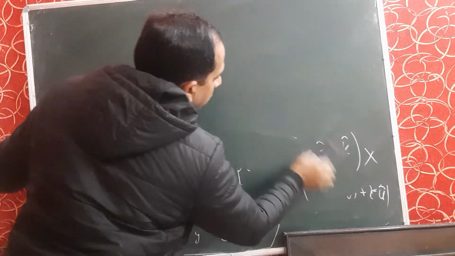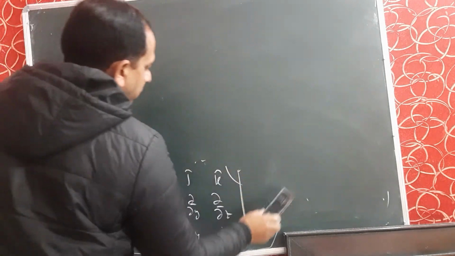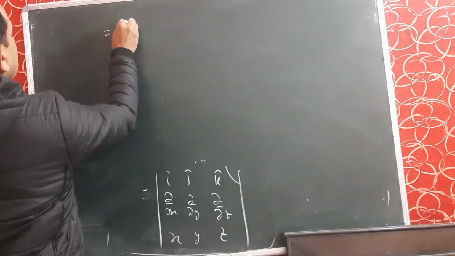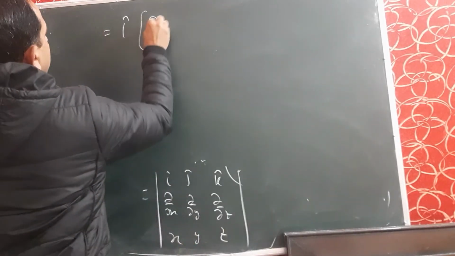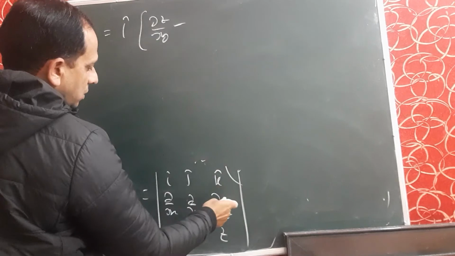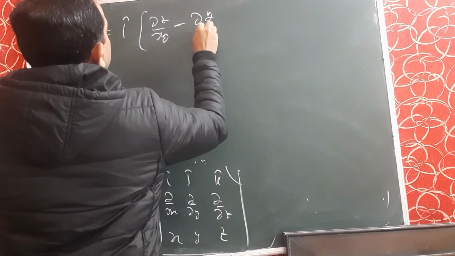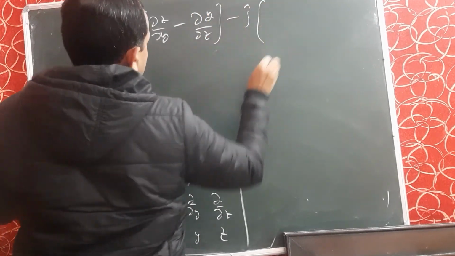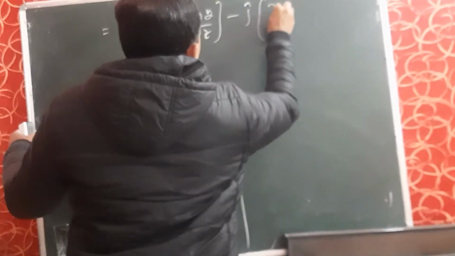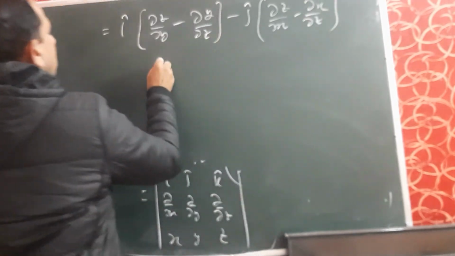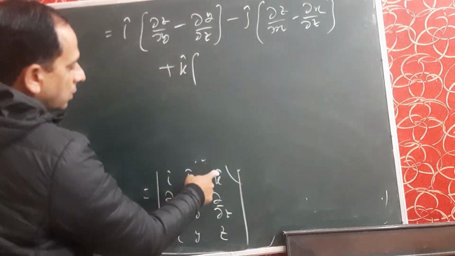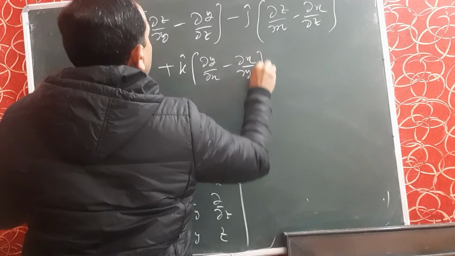You can solve by using the simple method of determinants. So what is the answer? This is i into curly z upon curly y minus curly y upon curly z, minus j into curly z upon curly x minus curly x upon curly z, plus k into curly y upon curly x minus curly x upon curly y.